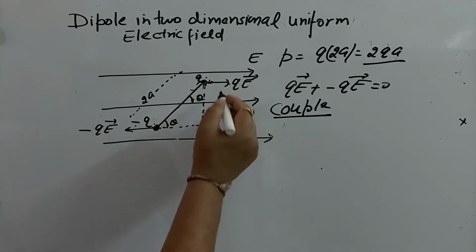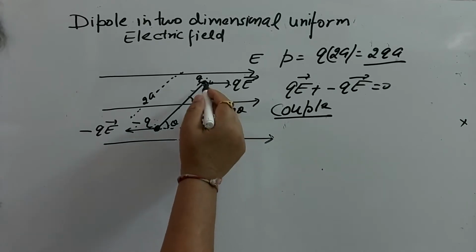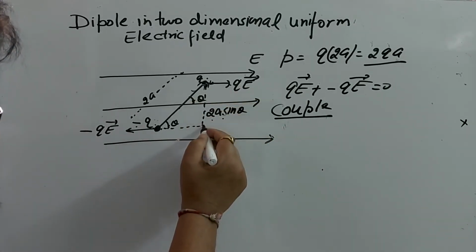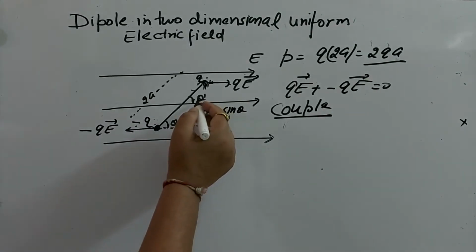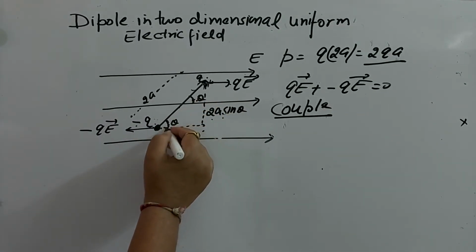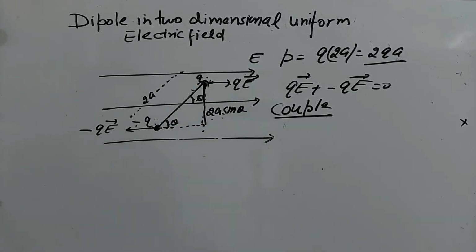and the couple torque is equal to one of the force into perpendicular distance between them. This is the perpendicular distance, this force into this perpendicular distance, and this perpendicular distance can be calculated. This angle is theta, this will be also theta, and if this is 2a, so this will be equal to 2a sine theta.